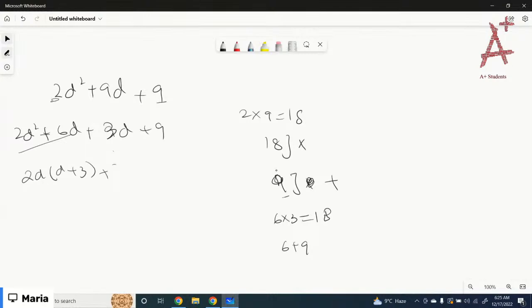And here you can take common 3 and you're left with d plus 3. So the factors are d plus 3 and 2d plus 3.